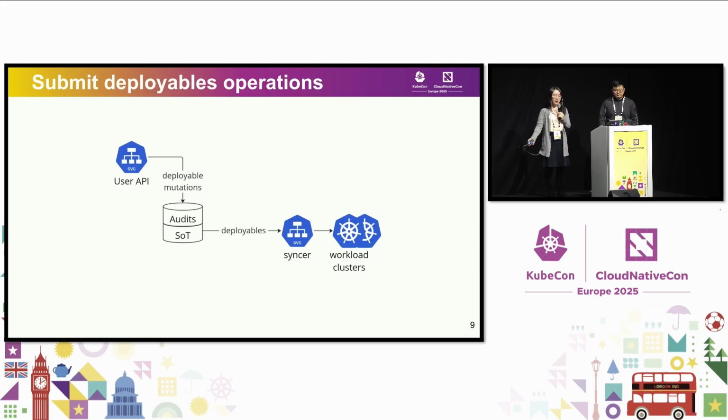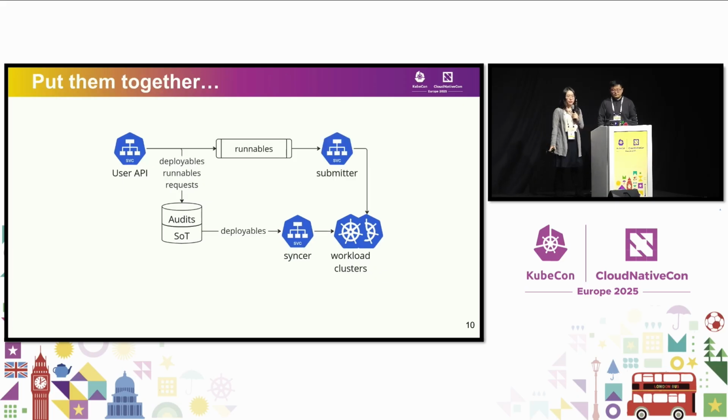This setup may seem like a pull model, but that's purely logical. So in practice, you can actually implement a push mode just like what we demonstrated in the last slides. So put them together. These two kinds of resources can be handled differently, but they are hidden away from users.